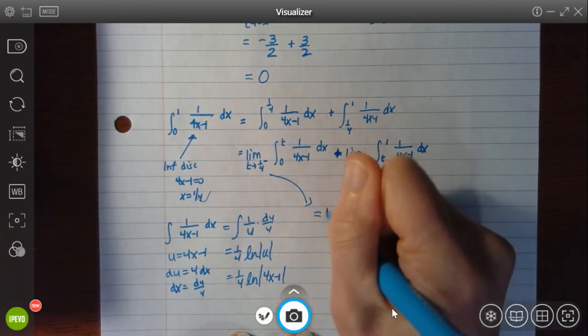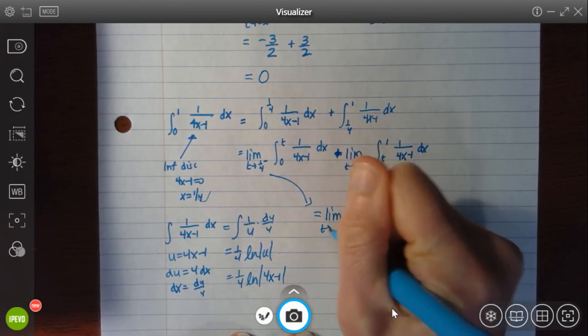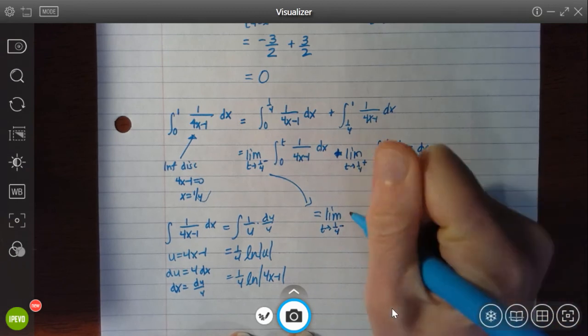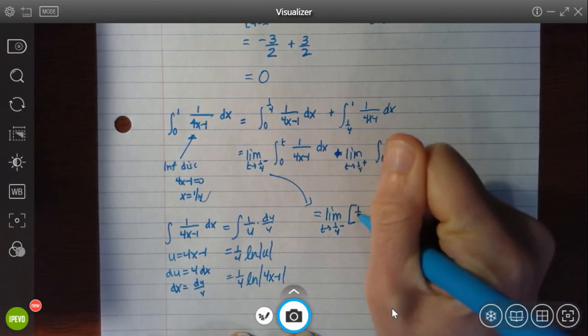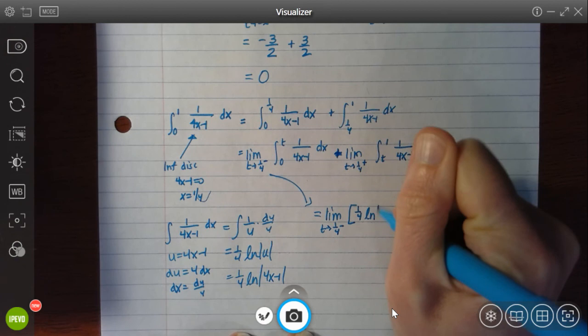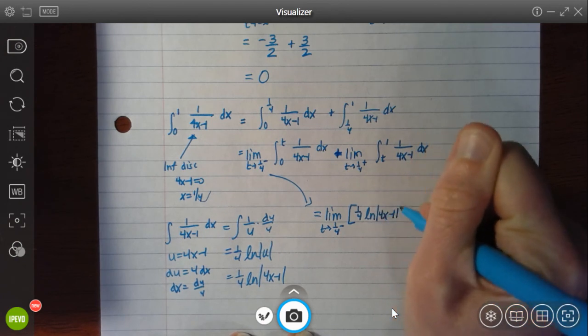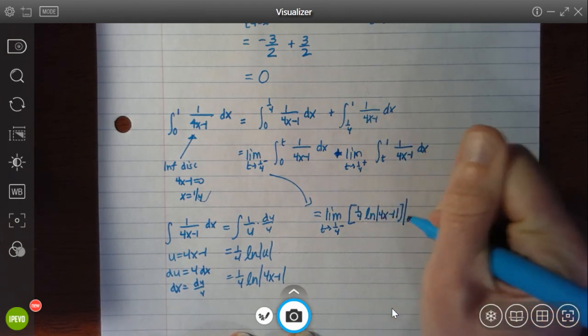So for the first piece, I'm going to take the limit as t approaches 1/4 from the left of 1/4 of the natural log of the absolute value of 4x minus 1, evaluated from 0 to t.